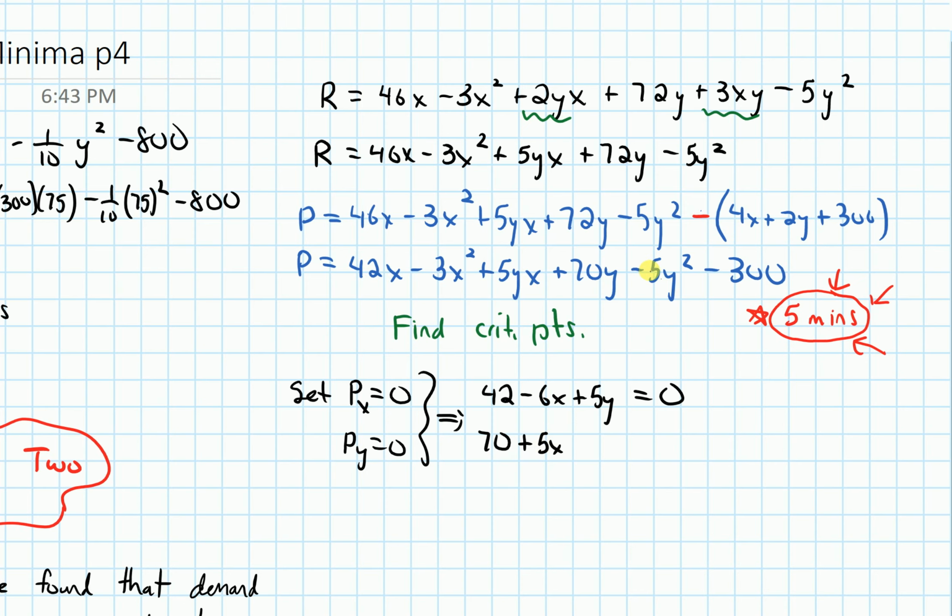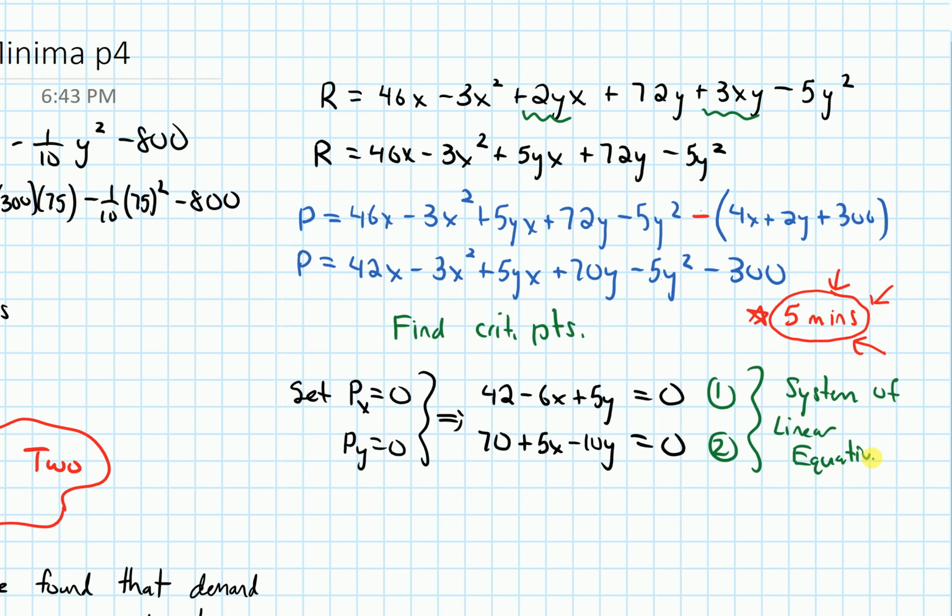Okay, for minus 5y squared, that partial would be minus 10y. And then last term would be 0, because that's a constant. So we have this equals 0. So we have equation 1 and equation 2 in this system of linear equations.